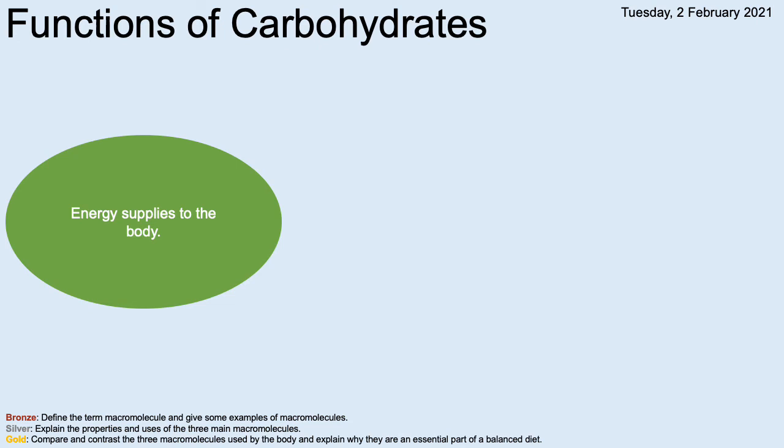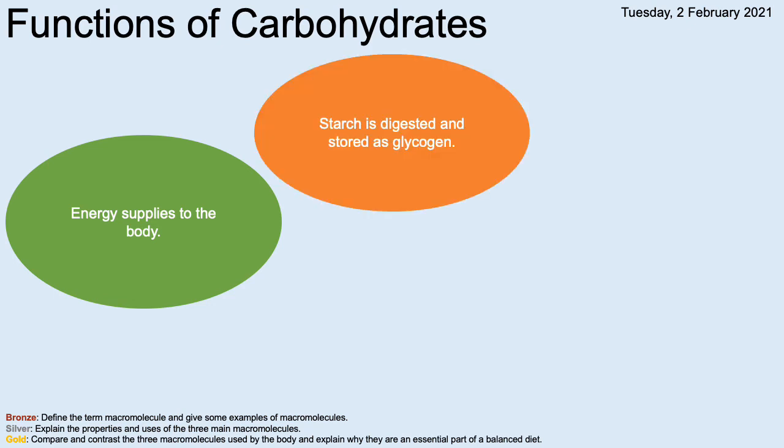We're going to go into specialised cells later on, but it's just important to know that it supplies energy to the body, and it is the main form of energy that we use. As I said earlier, lipids and proteins provide energy, but we don't use them as much as carbohydrates.